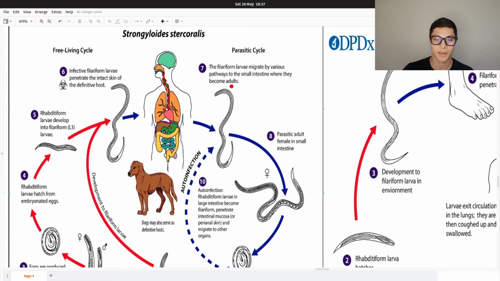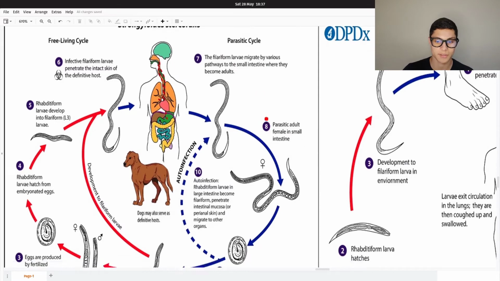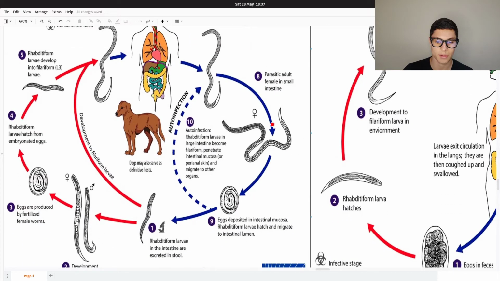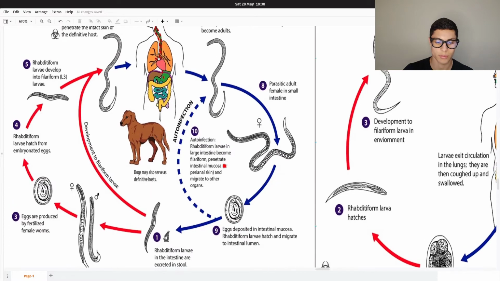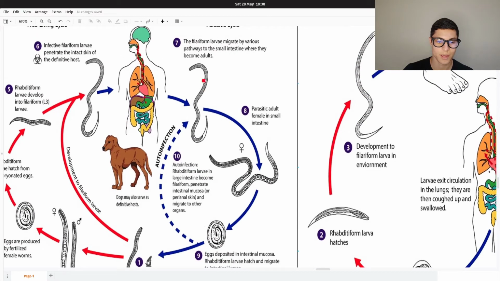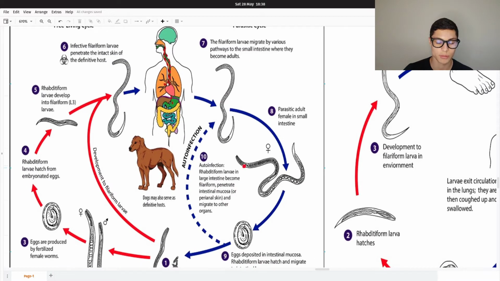Once inside, they go to the small intestine, and the adult female is created. The female starts to create the eggs, and the eggs will give us, guess what? Rhabditiform larvae. And in some cases, the filariform, because the rhabditiform larvae in the large intestine become filariform and penetrate the intestinal mucosa, creating the auto-infection.